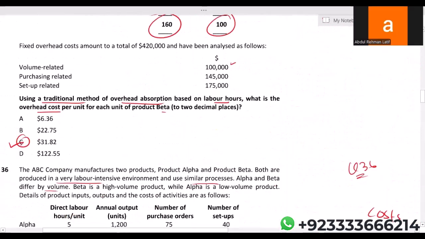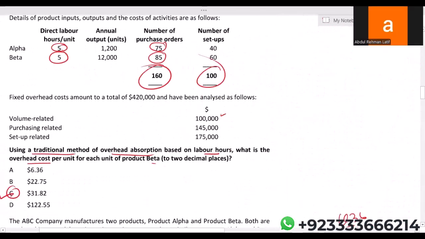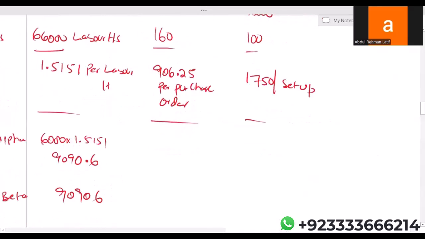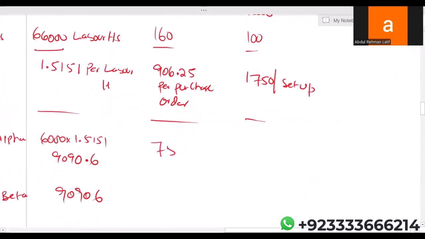Multiply by 906.25. So 75 multiplied by 906.25. This is the cost which belongs to alpha. I'm getting 67,968.75.